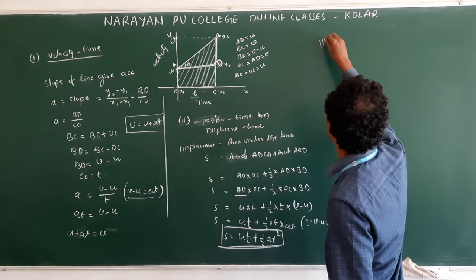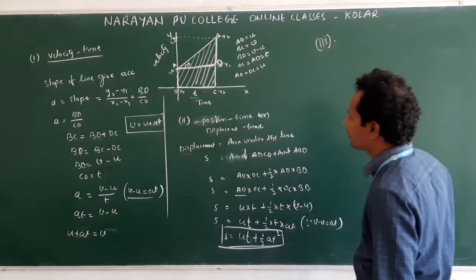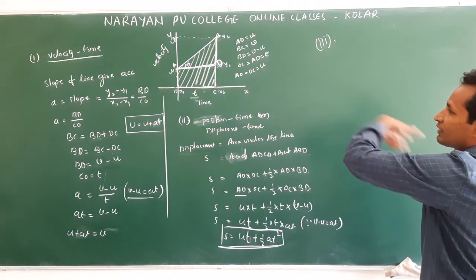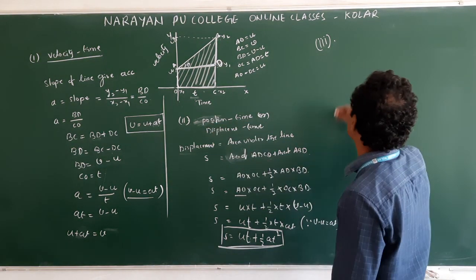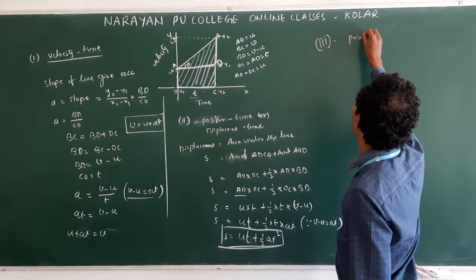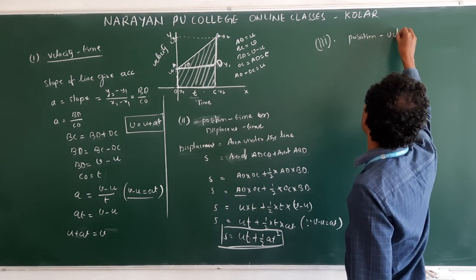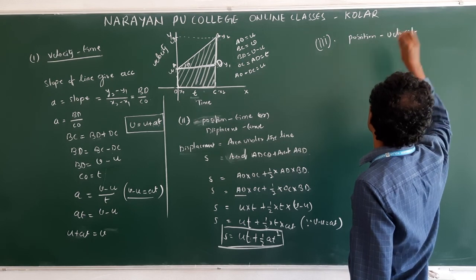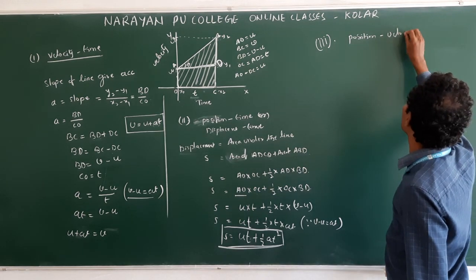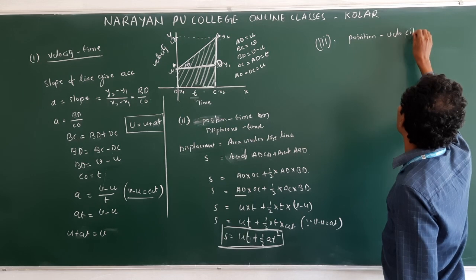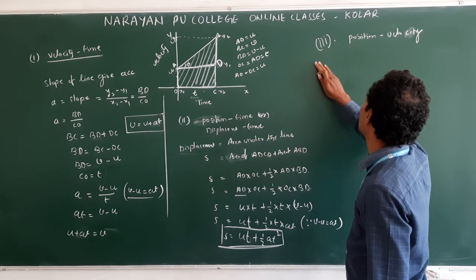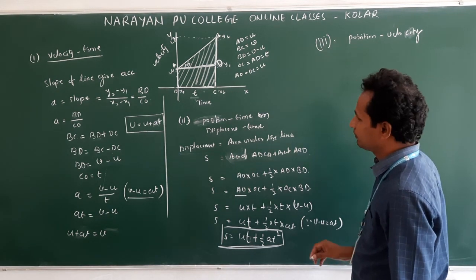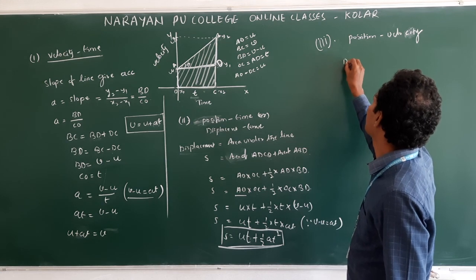Now, the third one. First we saw the velocity-time relation, next the position-time relation. Now we will see the position and velocity relation. Clear? Again, to find this we will take the area.